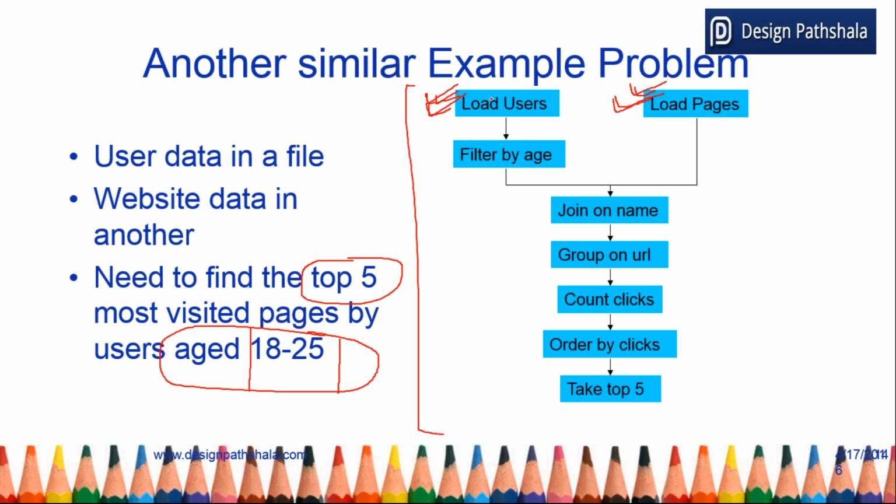So I'll filter this users data set by this age group, and figure out the user IDs who belong to the 18 to 25 age group, and I'll load the pages data set and join them based on the user ID, group them by URL, count the clicks, and figure out top 5 clicks. So this could be a normal algorithm which I would be writing to process this data, in any language.